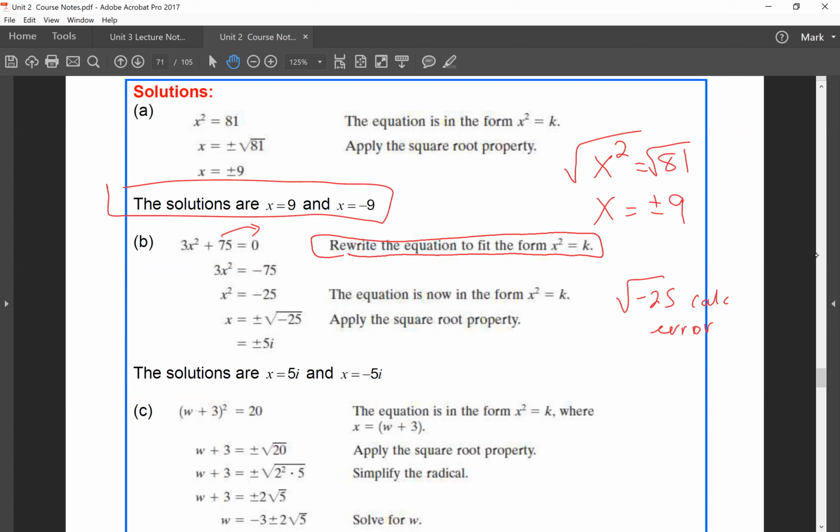When you take the square root of a negative number, you get what's called an imaginary number, or i, and your calculator will not do this for you. Your calculator will give you an error. Well, actually, let me just try this. On the Casio, if you take the square root of a negative, yeah, it says math error, and then it says cancel or go to your question to fix it.